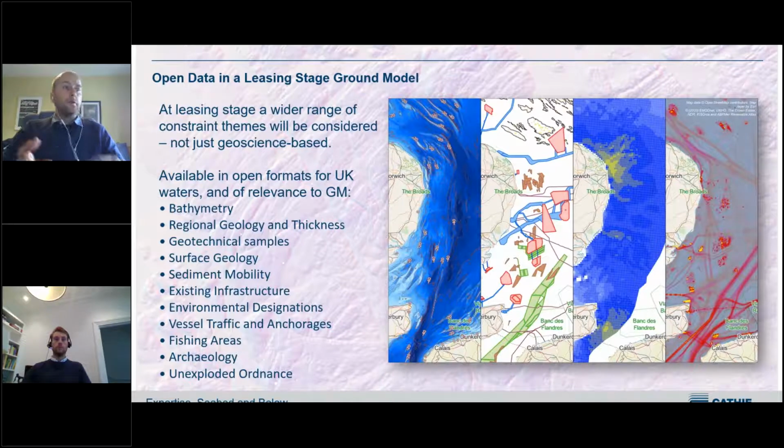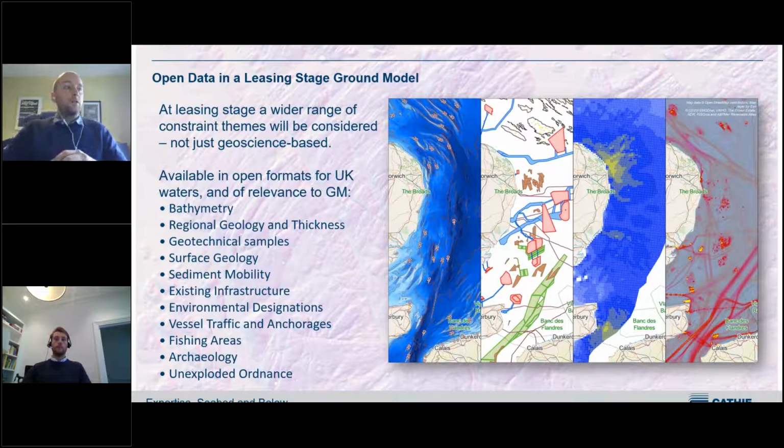So also in there we would have socio-economic marine industry, so other wind farms, cables, pipelines, aggregate extraction areas, and metocean. There's an example on there, the third one along, which shows some current speed data. And then we also have some marine shipping data in there as well on the right.